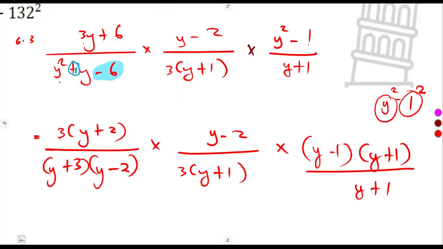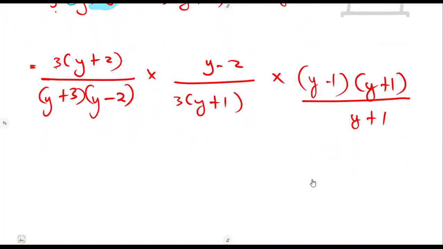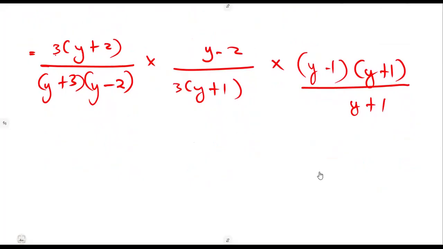There's nothing that we can do. So once you are at this stage, be very careful because you are going to cancel, yes, but which part do we cancel and how? The relationship is always the numerator to the denominator for us to cancel, like a 3 in the numerator canceling a 3 in the denominator.